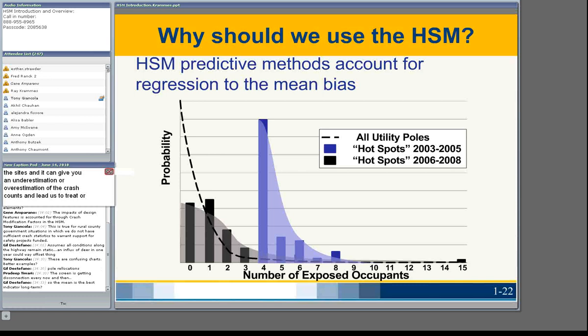And both of these quantify the benefits or severity in monetary terms.